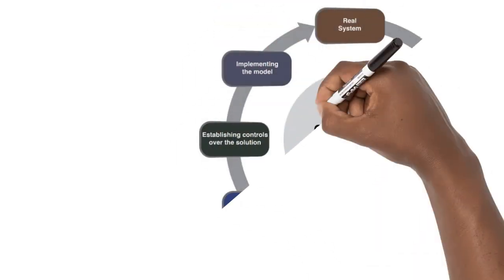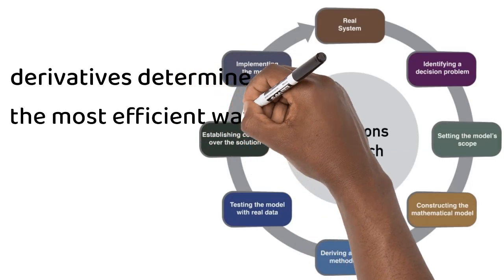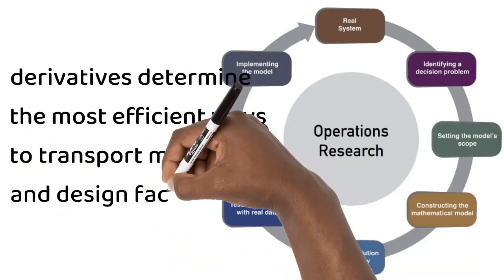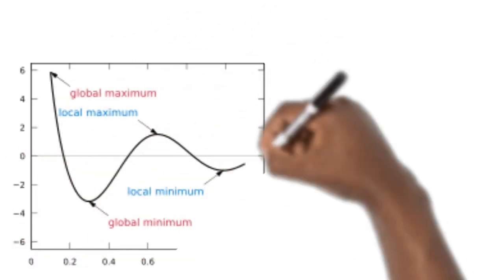The reaction rate of a chemical reaction is a derivative. In operations research, derivatives determine the most efficient ways to transport materials and design factories. Derivatives are frequently used to find the maxima and minima of a function.